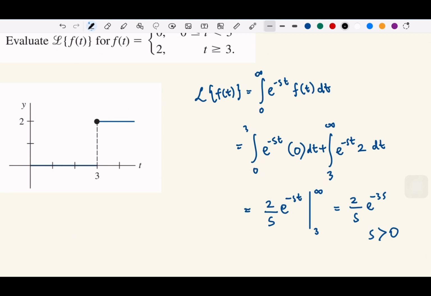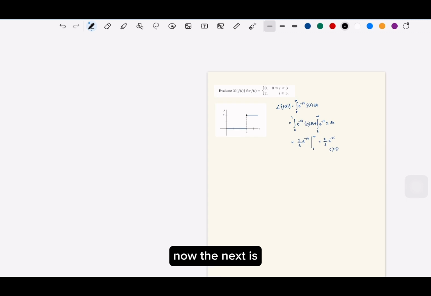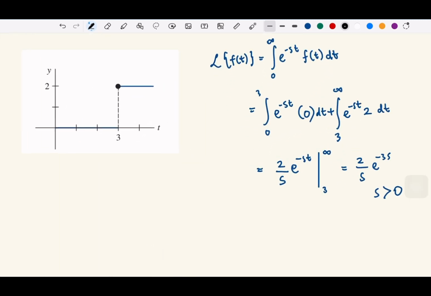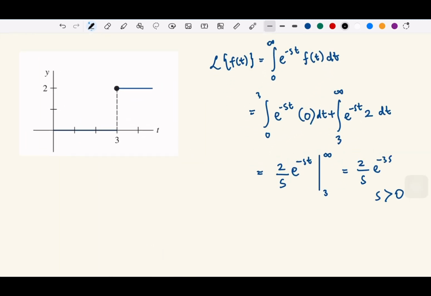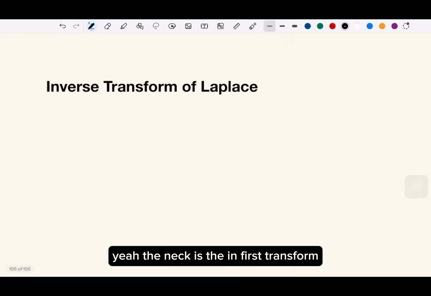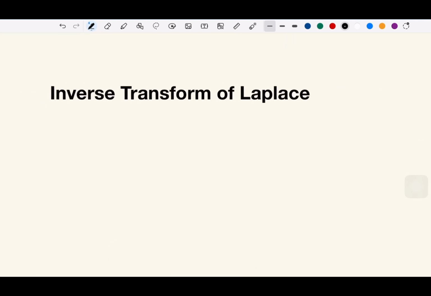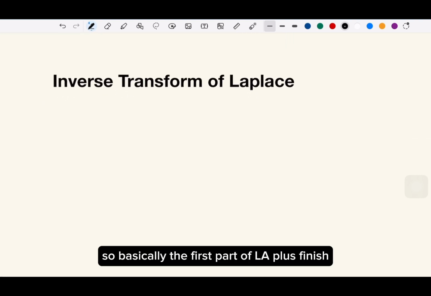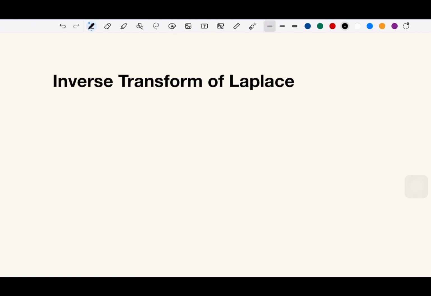Okay, now the next is the inverse transform. So basically the first part of Laplace is finished and we get to the inverse transform. Maybe later I will show you some exercises, but let me give you the inverse first. So what is the inverse?